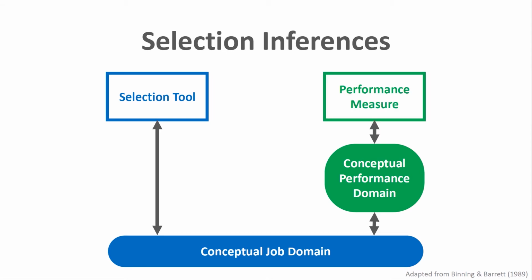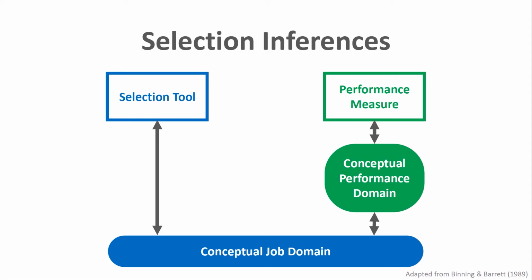And it is through a type of performance measure that we attempt to tap into or assess the conceptual performance domain. Now, examples of performance measures might include supervisor ratings of job performance, as well as productivity indicators or measures, and maybe even things like customer service ratings or customer satisfaction ratings, depending on the type of job you're focusing on.